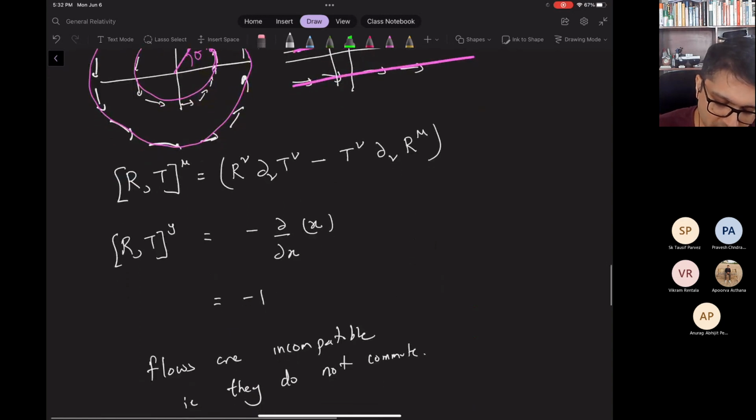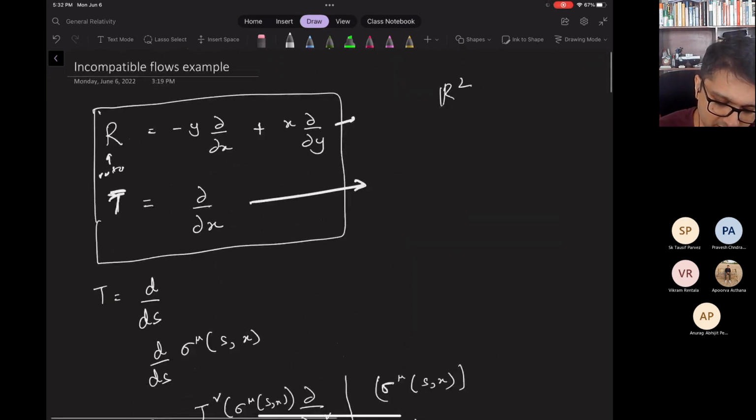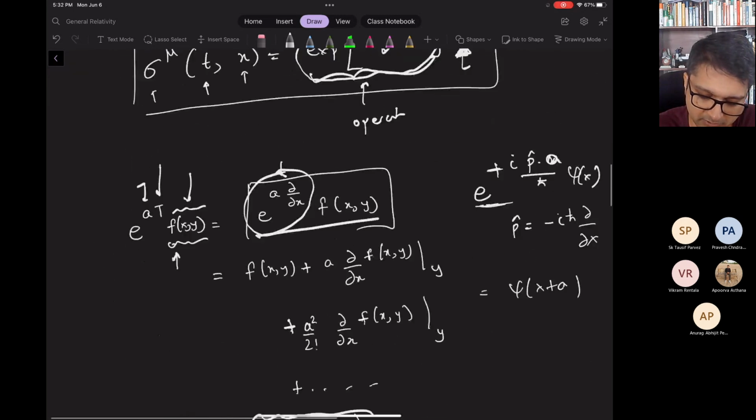Now what we can do is take those vector fields r and t and work out the mu component of the Lie bracket. This is just r nu partial nu t mu minus t nu partial nu r mu. Remember that t itself was just partial x, which means the basis coefficients are x y independent.